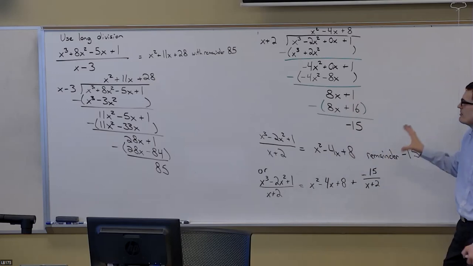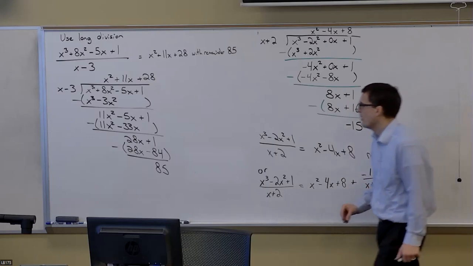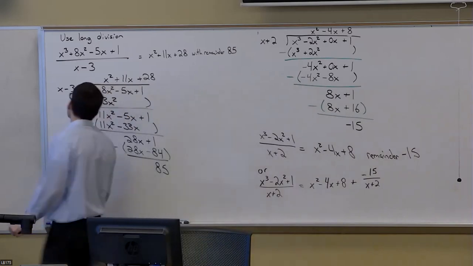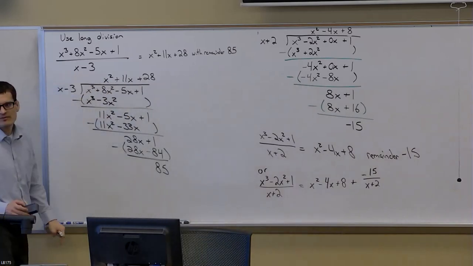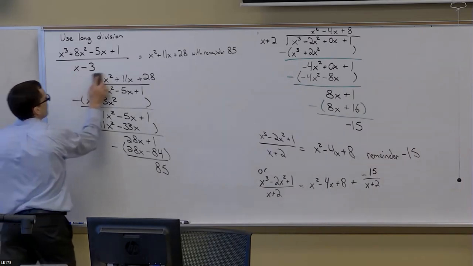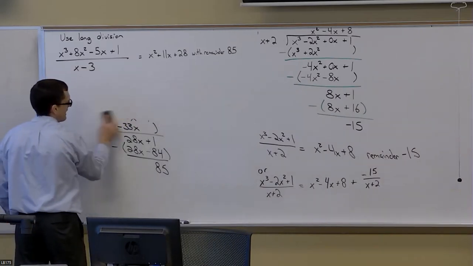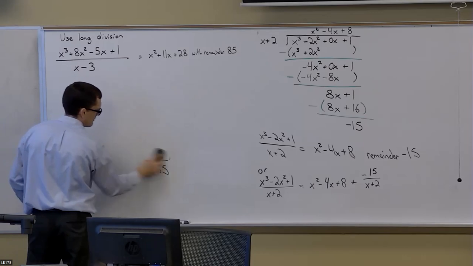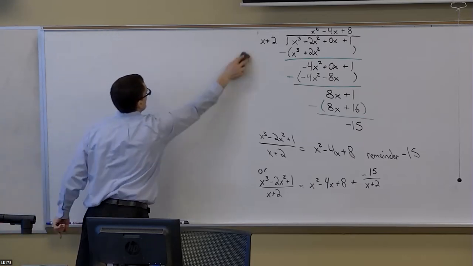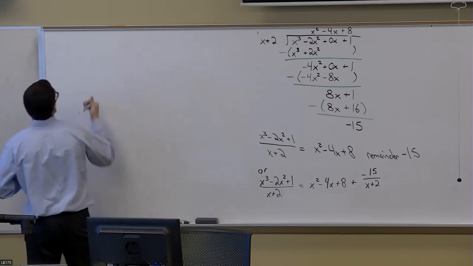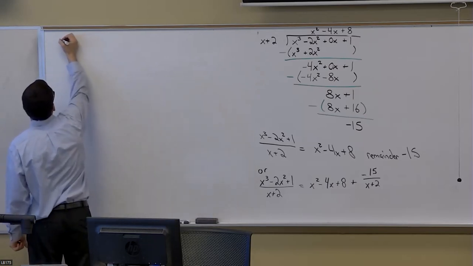We can do long division that way, but when you're dividing by x minus a number, we can use synthetic division. I'm gonna erase this real quick. So long division takes a long time.